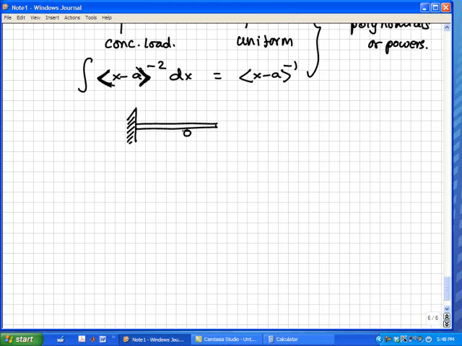That's the load. So what do we do? First thing to notice is that we are going to abandon the two ends. So this end is gone, this end is gone. In the middle there is this roller, so we are going to represent the roller by a concentrated load which is pushing up.